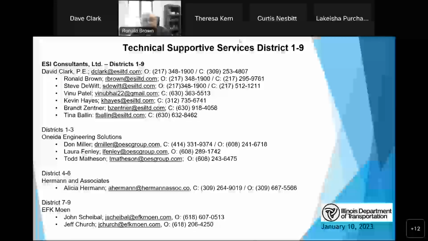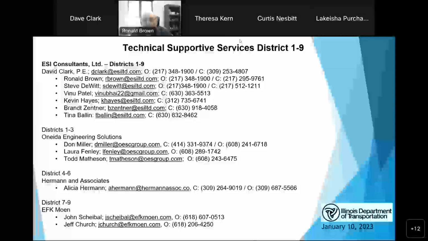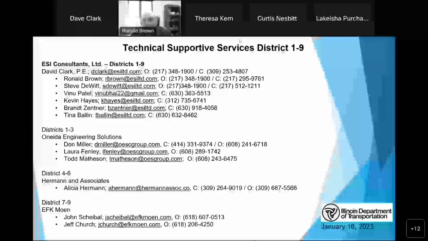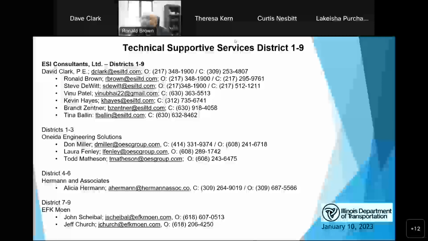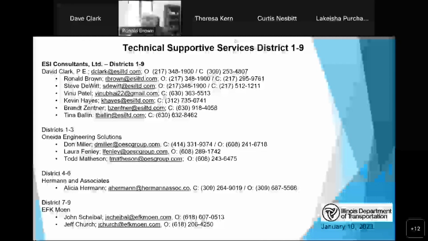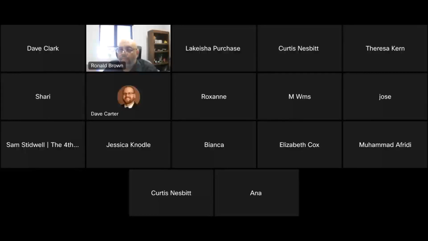So just keep in mind, we're here. It's just a matter of you letting us know if you have questions or issues that you need help with on a technical side. If your question turns out not to be of a technical nature, there is a management consultant also that handles things like if you're using accounting software and so forth.